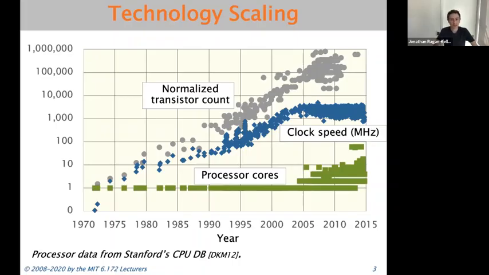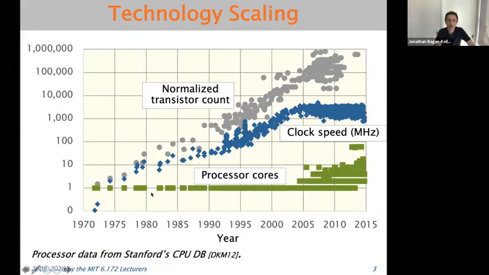The y-axis here is a log scale, so linear progress, like you roughly see in transistor count, means exponential growth over time. So growing from 1 to 10 to 100x as much, all the way up to, these days, we're over 1 million times as much logic on a chip as we had in the early 1970s.